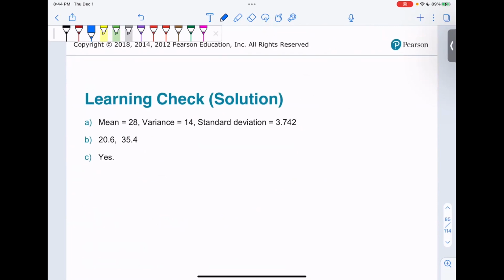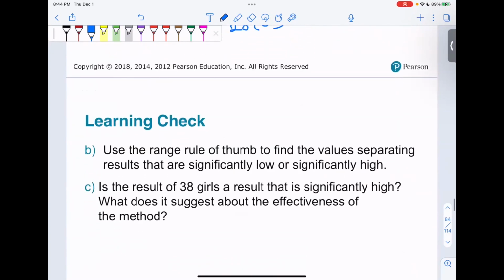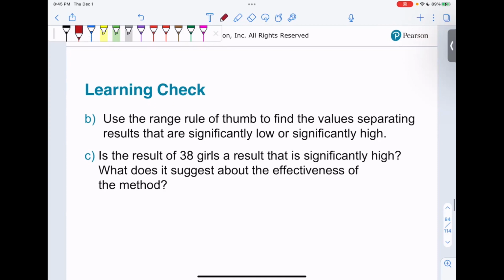The standard deviation will be 3.742. Okay? And then they said, use the range rule of thumb to find the value. Okay, so now we will find this, right?